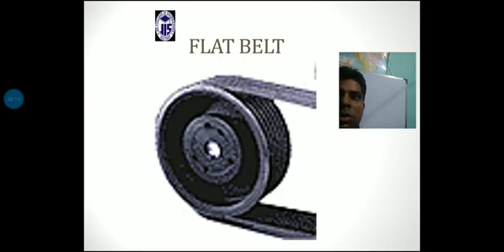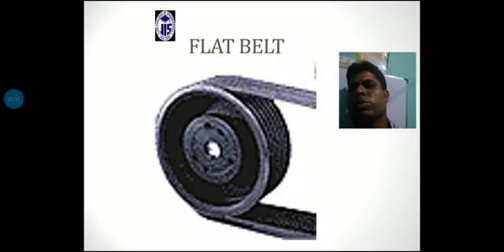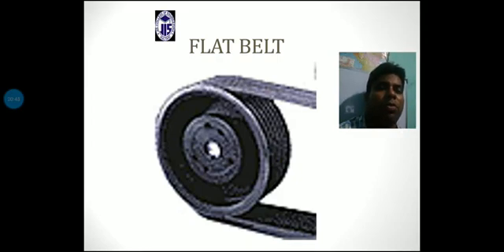So the next point is V belts. V belts are also more prone to creep since the tensions are higher. Tension being higher means, if we see the V belt portion, the elasticity of the belt material can be extended to a certain limit, but in the flat belt it can be extended up to a limit where it cannot be reached by some external agent.